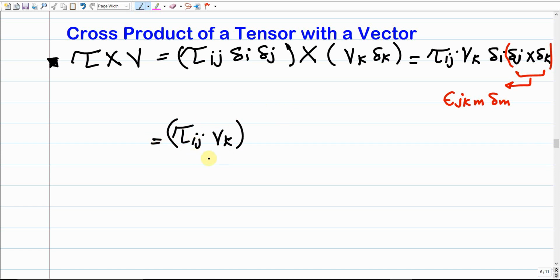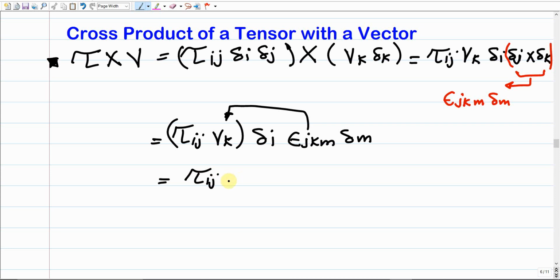These are the components of something that is going to be obtained, which we have no clue of yet, but we're gonna have here delta_i, then we do have the epsilon_jkm delta_m, right? This epsilon can be included into the component part. So we're gonna end up with tau_ij. We can even start with the epsilon or just keep the epsilon at the last term, but it doesn't matter.